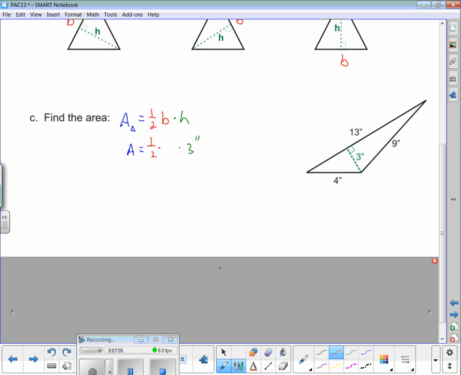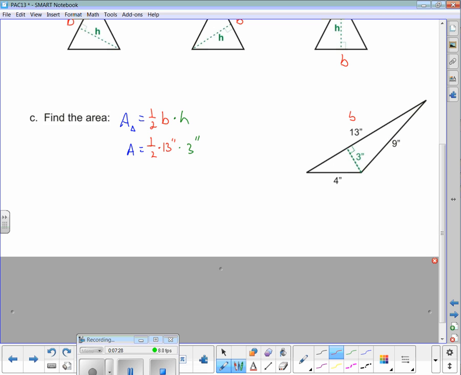Do I use the 4? Do I use the 9? Do I use the 13? Which do I use? I use the 13, of course. Awesome. All right, and that's 13 inches. Yes, that is the base, right, according to the height given. Does that make sense? Right? There are other heights, but they didn't give it to us. They only gave us the height that goes with the 13.